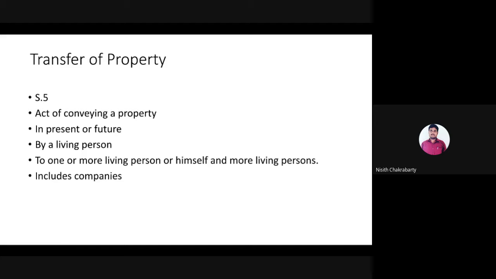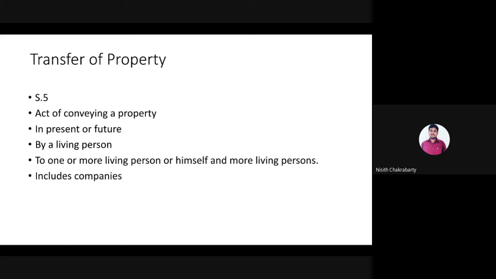Now the section 4 we already discussed. What is it dealing with? That it is nothing but a continuation to the Contract Act, and it supplements the Registration Act. And coming to section 5, which is defining transfer of property, it says that transfer of property means an act by which a living person conveys his property, and so 5 ingredients you have to remember in order to know what is a transfer of property.